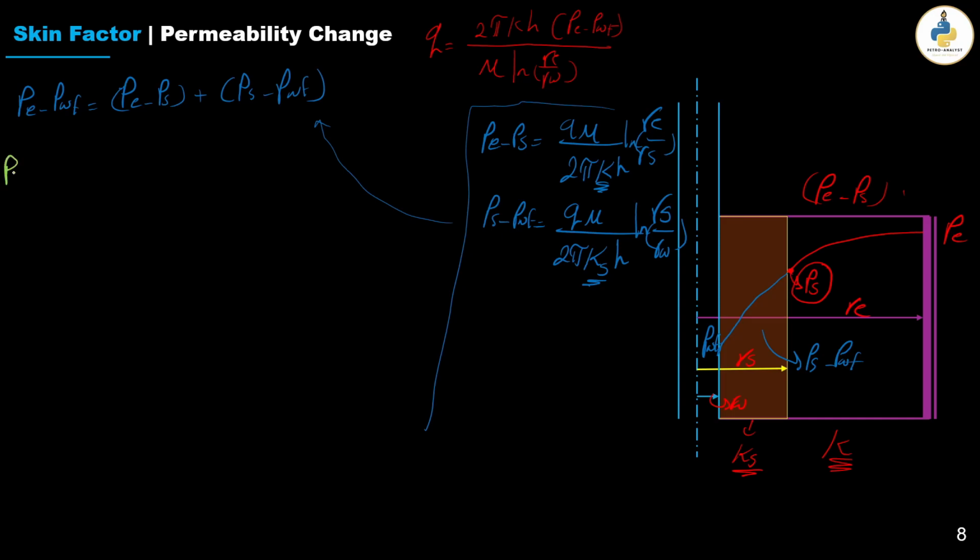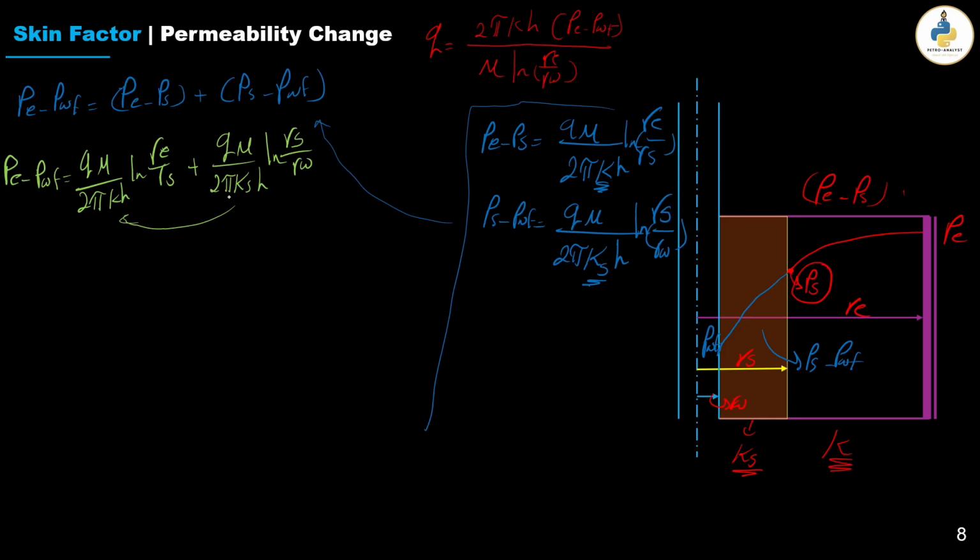So PE minus PWF is going to be Q mu over 2 pi KH ln RE over RS plus Q mu over 2 pi Ks H ln RS over RW.